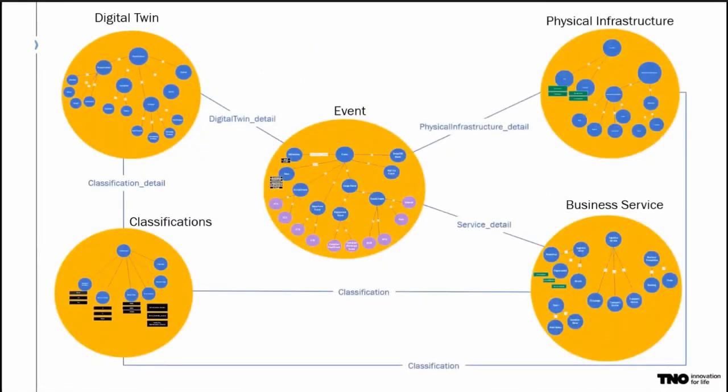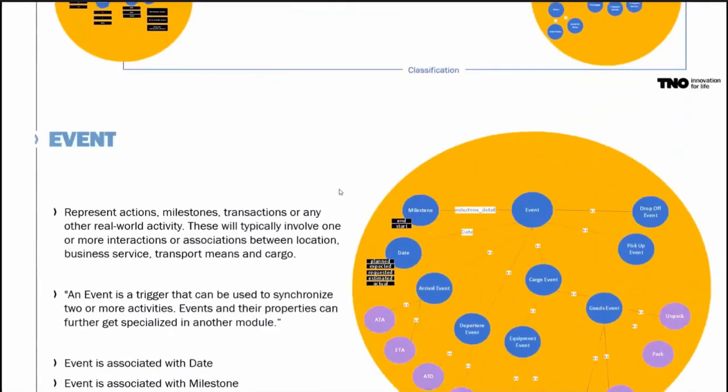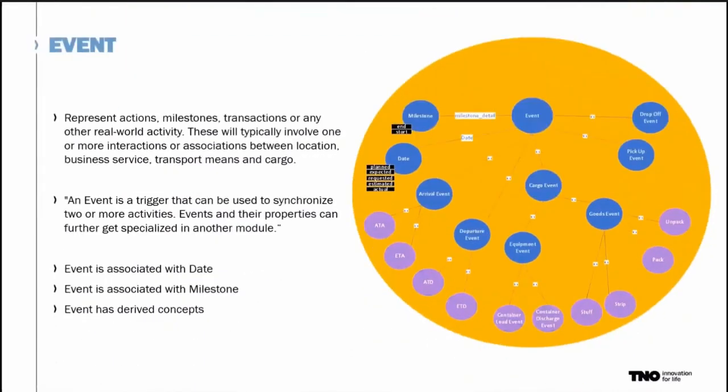I'll again zoom in on the event. Because, like I said, there are many types of events that can be shared across the architecture. And those kinds of events we see here in purple. And I have to say that this is not an exhaustive list, but when there are additional events, those can also be added to the model.